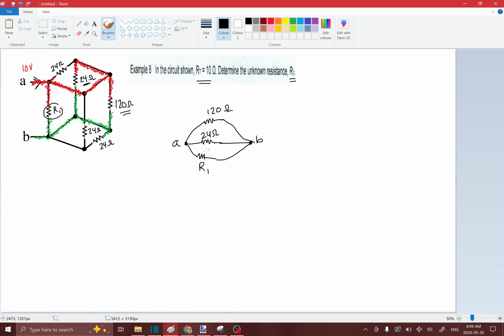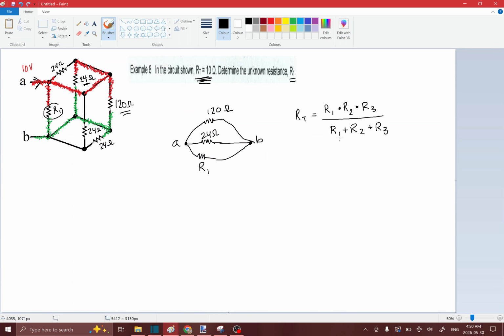Okay, so this is pretty easy. We've got 3 resistors here that are in parallel, and we know that the total resistance here is going to be 10 ohms, because that's what the question tells us. So we know that RT is equal to R1 multiplied by R2 multiplied by R3 divided by R1 plus R2 plus R3.